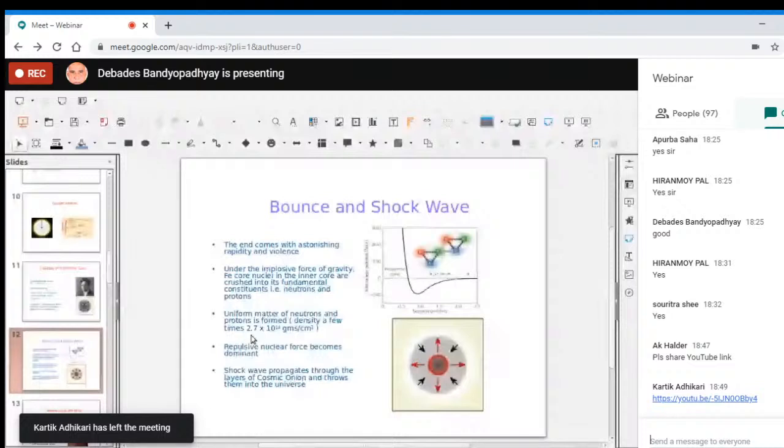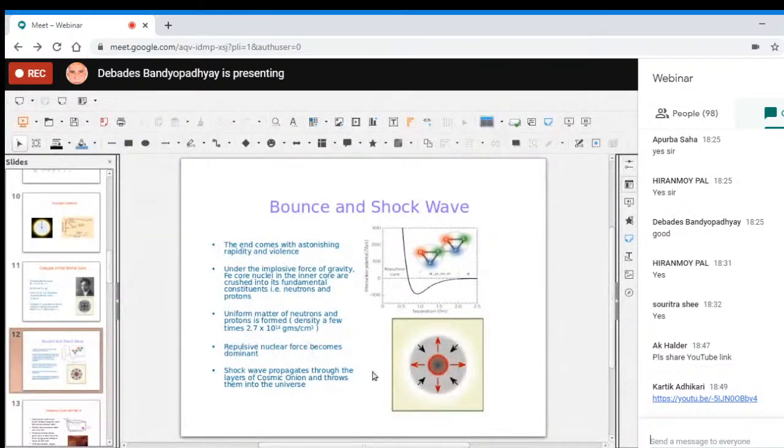As a result, a shock wave will be generated at the center of the core. It is shown in the bottom diagram. All these arrows show this shock wave propagating through the mantle of the star. Mantle means, if you remember that onion structure, all these layers of elements.